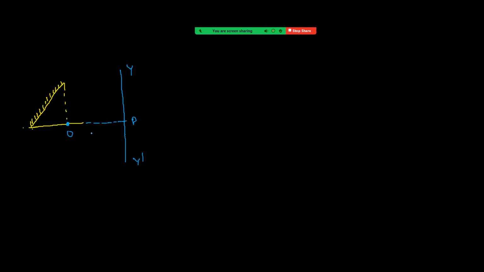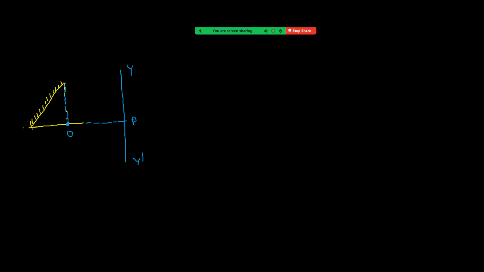That means we have to focus on where light rays coming from the object, after reflection, are reaching up to what region. See here, light rays coming from the object falling on this extreme edge.